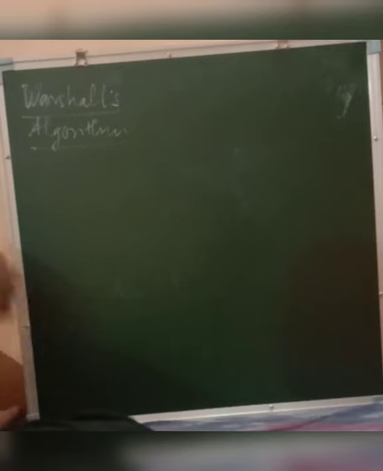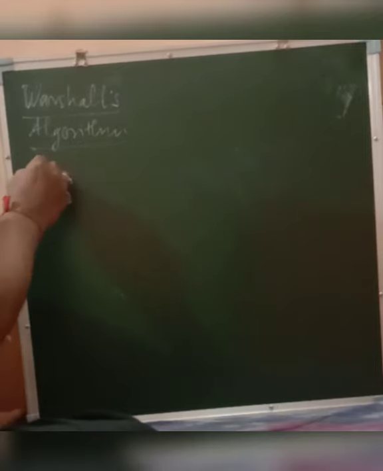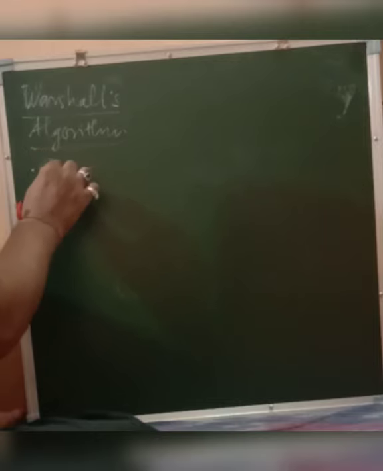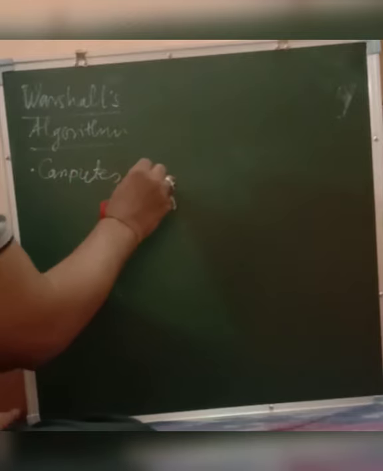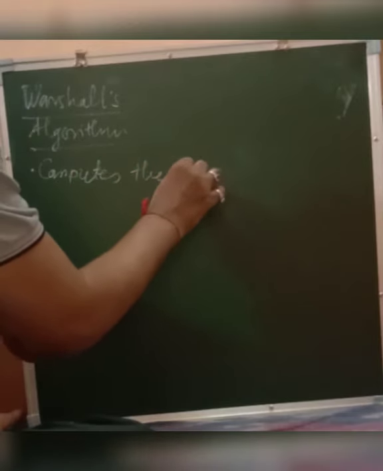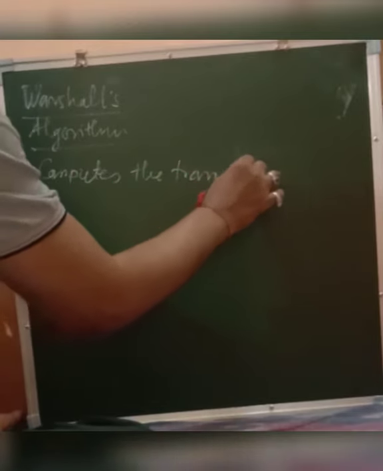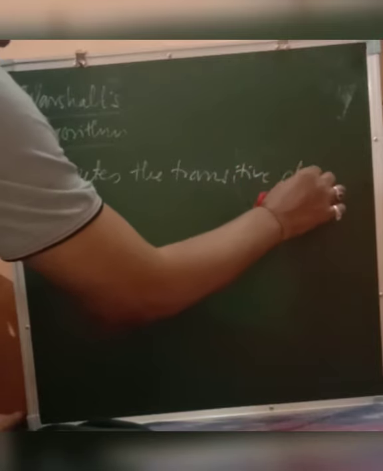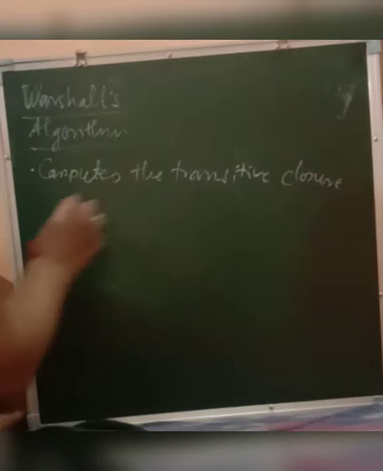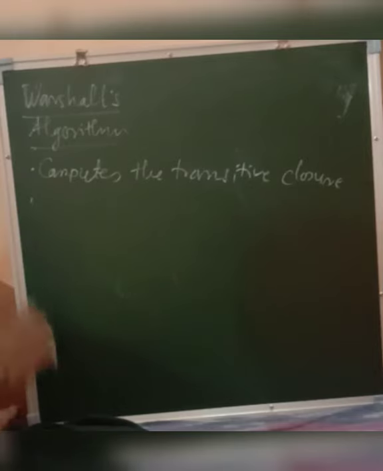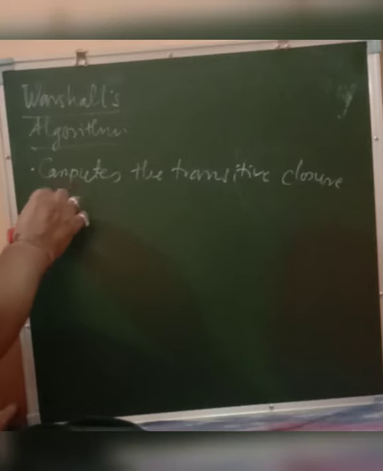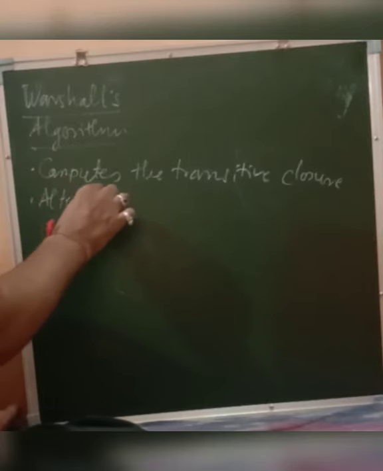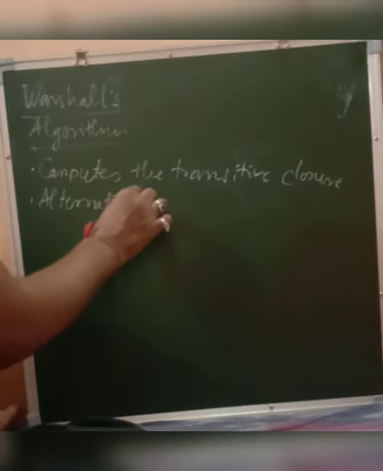First, we should compute the transitive closure of a relation. Second is all paths in a directed graph. Alternatively, all paths in a directed graph, that is, we have to find alternative paths.